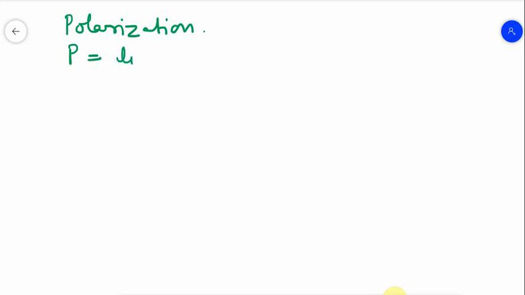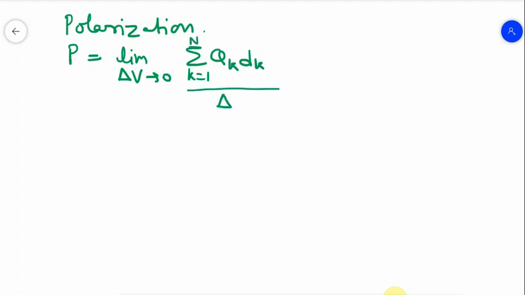So P can be written as the limit del V tending to 0 of the sum of Qk dk, where k equals 1 to n, upon this del V. And the unit is coulomb per meter square.